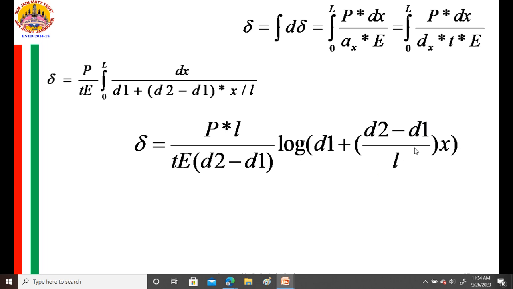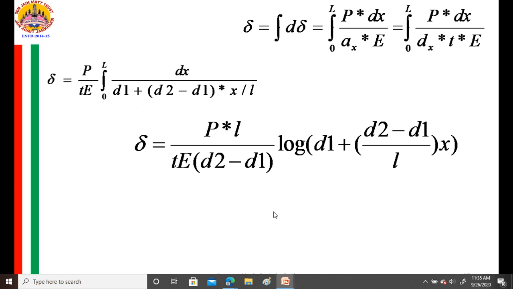Next, you need to differentiate dx with respect to x and divide by it. Differentiation of this term is (d2 minus d1) divided by L. That is to be divided, which means it comes in the numerator. (d2 minus d1) divided by L will go at the top.